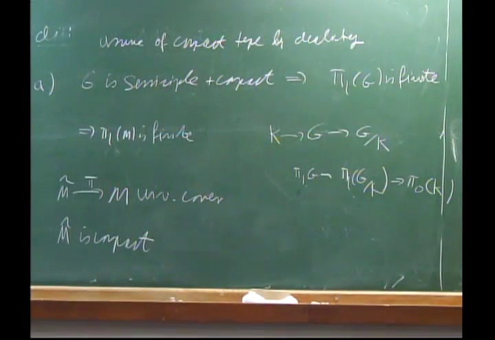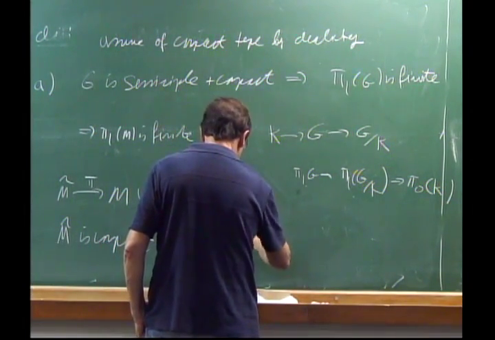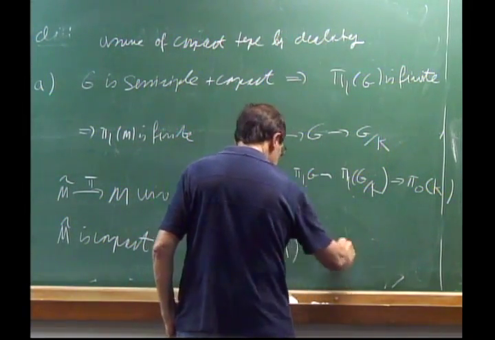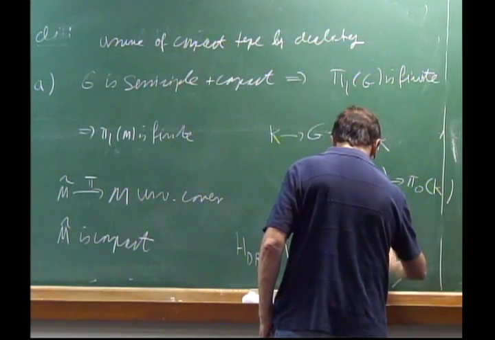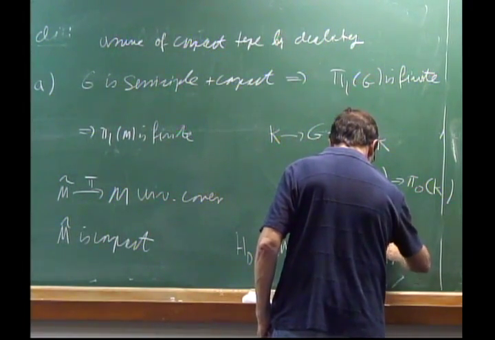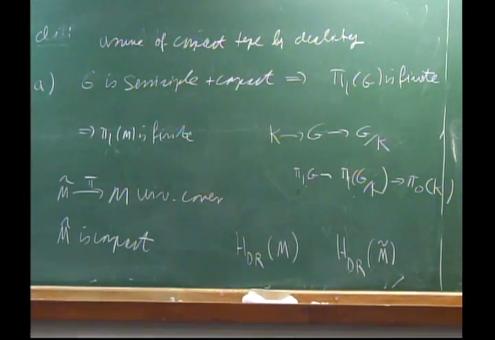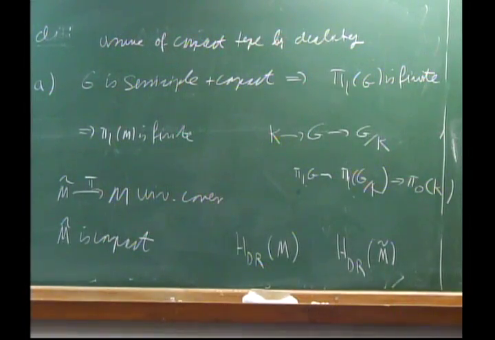So M tilde is compact. How does the de Rham cohomology of M tilde and of M relate? Do you know that? The map is injective, yeah. You even say more than that, so that's enough for me.